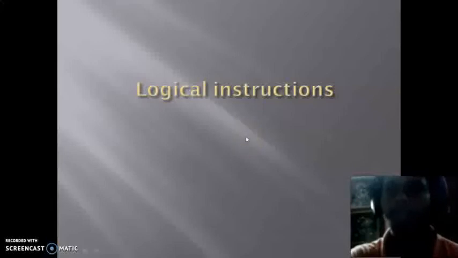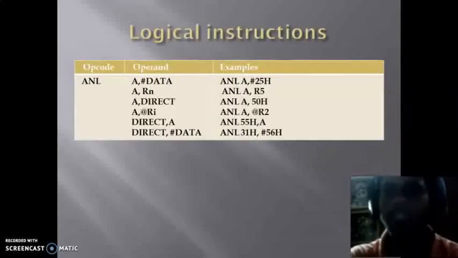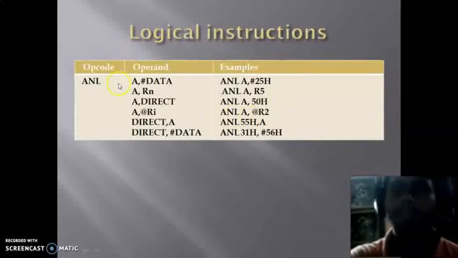As we know, we have different logic functions like AND, OR and XOR. These functions can be performed by the 8051 microcontroller by using different instructions. First I'm going to discuss the AND operation, which is performed by ANL instructions. For example, ANL A, #data.